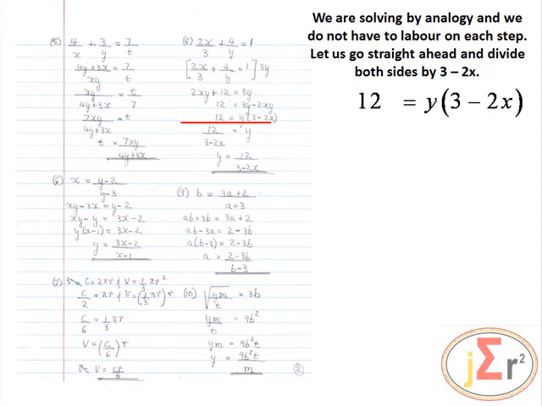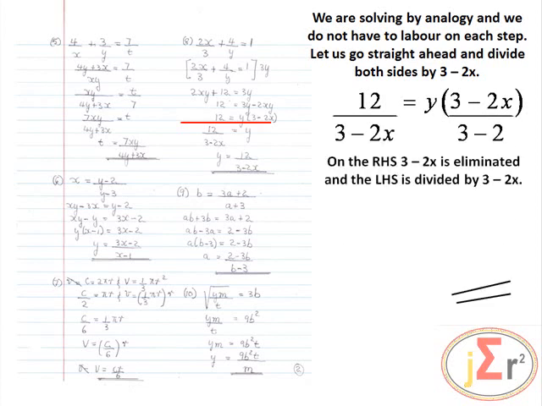If it is being multiplied, we divide, and we do the same to the other side. And what will happen? The term will be eliminated, and on the left hand side we have 12 divided by 3 minus 2x. So on the right hand side 3 minus 2x is eliminated, and on the left hand side we have whatever we have there, 12 divided by 3 minus 2x.